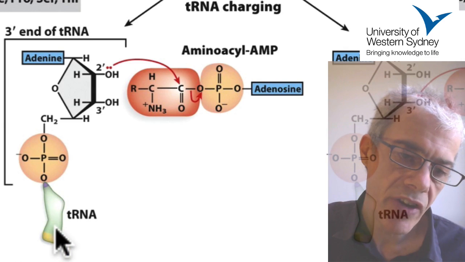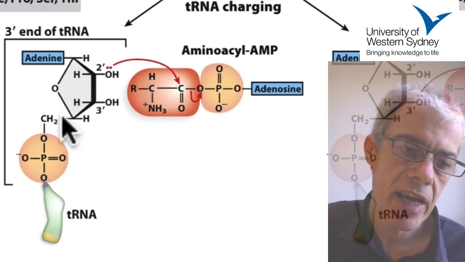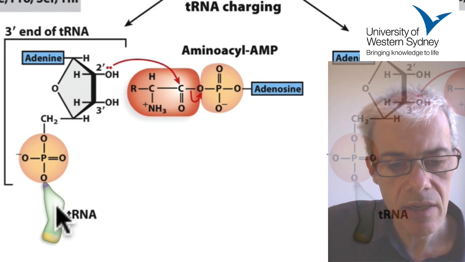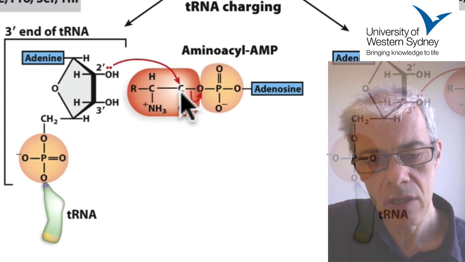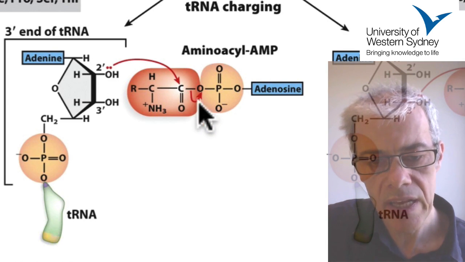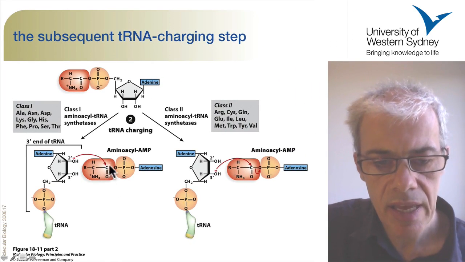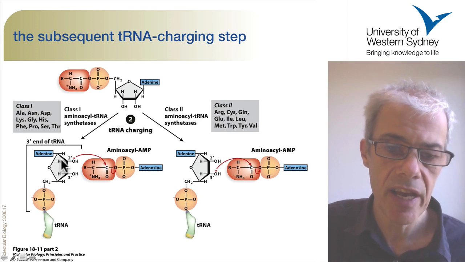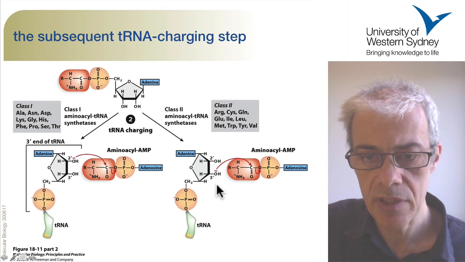We have a transfer RNA, and the last nucleotide of that transfer RNA happens to be an adenine. This adenine of the transfer RNA is then attached to the carboxy group of this amino acid. So this intermediate step here is then used to transfer the amino acid to the transfer RNA at either the 2' position or the 3' position.